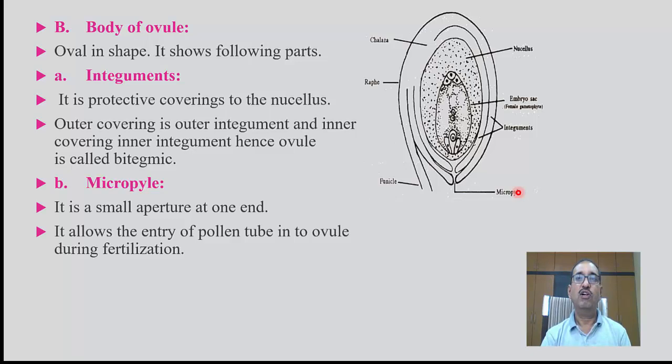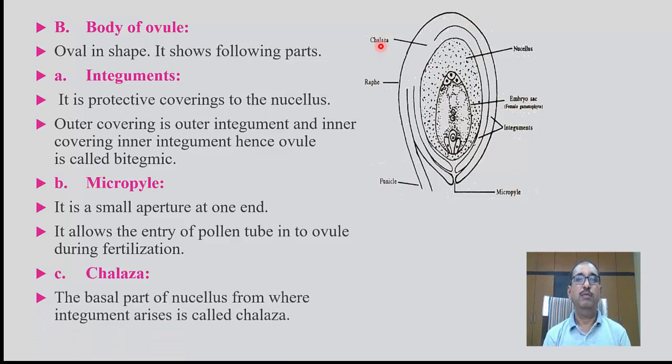The end of ovule toward the micropyle is called micropylar end. Next part, chalaza. The basal part of the nucellus, from where the integument arises, is called chalaza. This end of ovule is also called chalazal end.